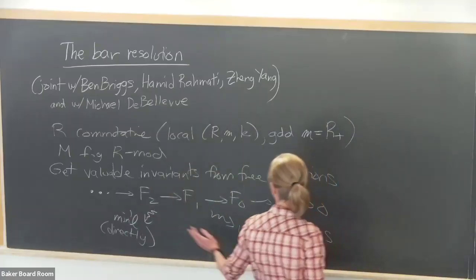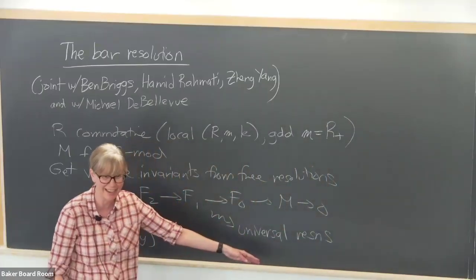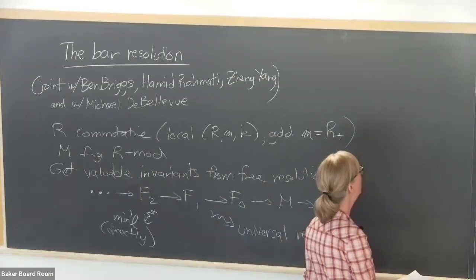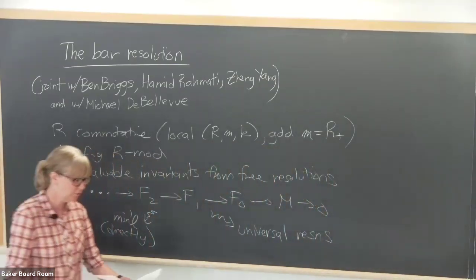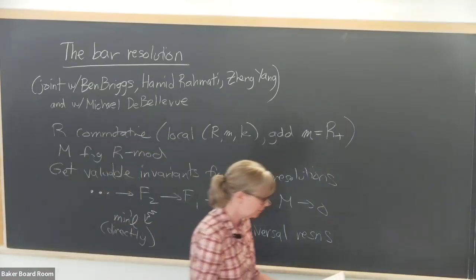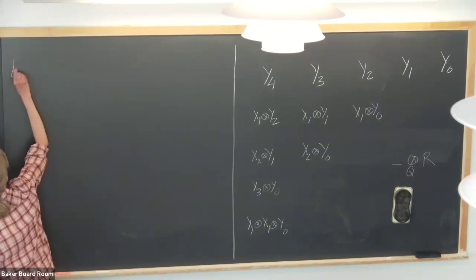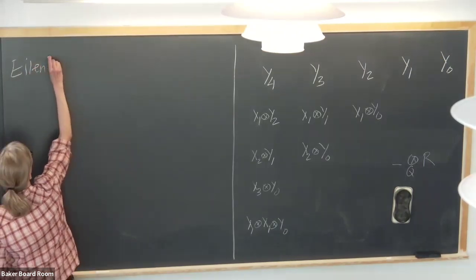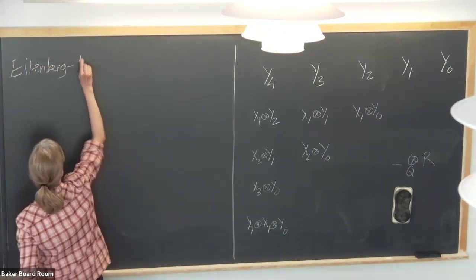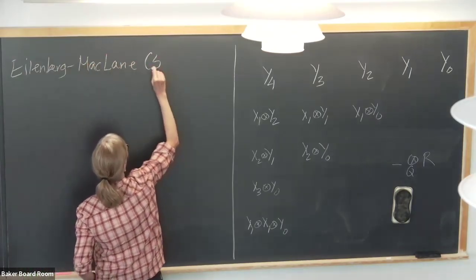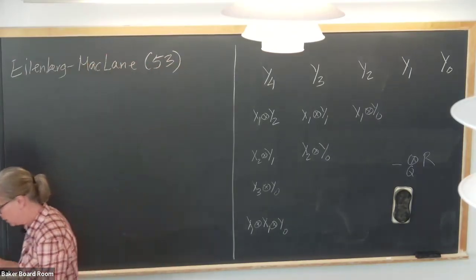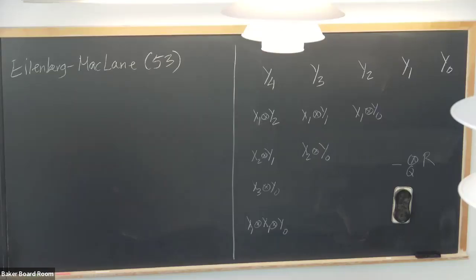All right, so I want to talk more about the second half of this today, about some universal resolutions. So one of the Ur examples of a universal resolution is the bar resolution. This goes back to Eilenberg and MacLane in 53, amazingly.